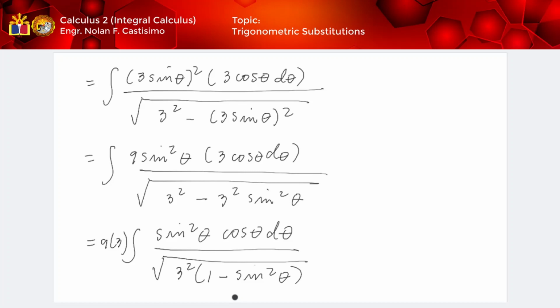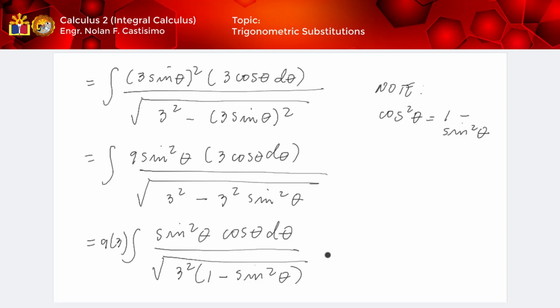Okay? So, remind ko lang, note that cosine squared theta is equivalent to 1 minus sine squared theta. Okay?